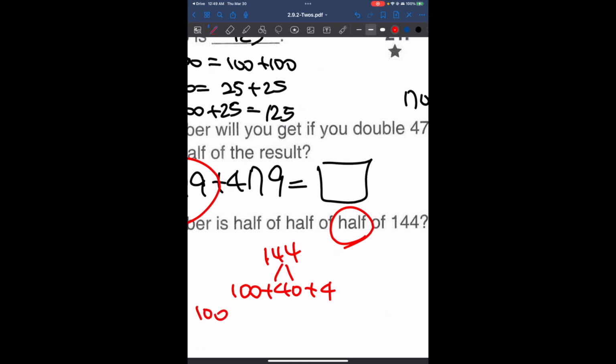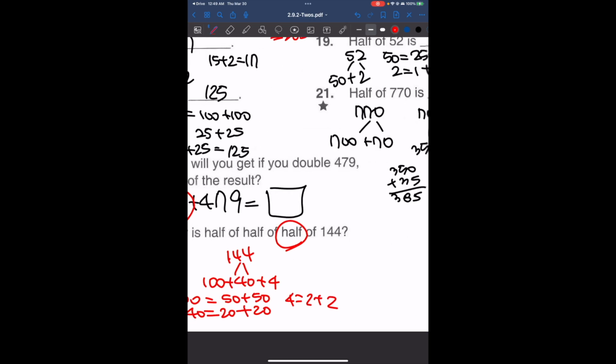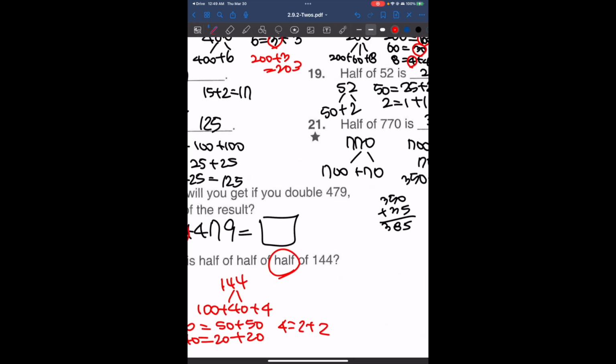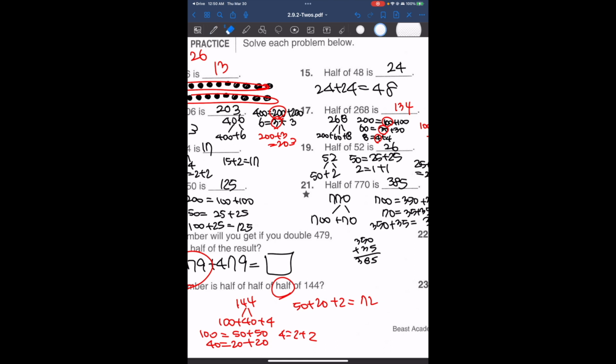And so 100 is 50 plus 50. 40 is 20 plus 20. 4 is 2 plus 2. So half of 144 is going to be 50 plus 20 plus 2, which is 72.